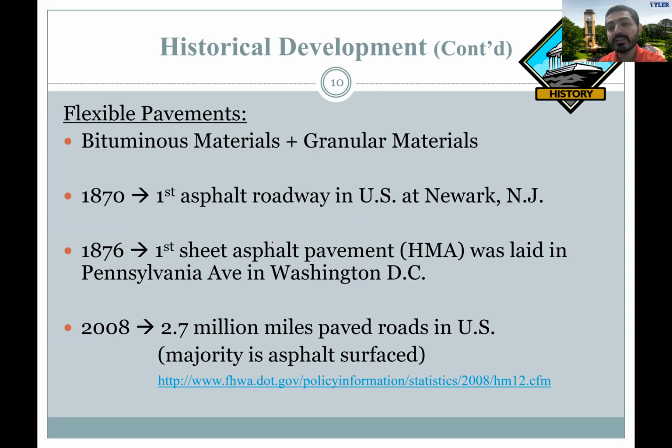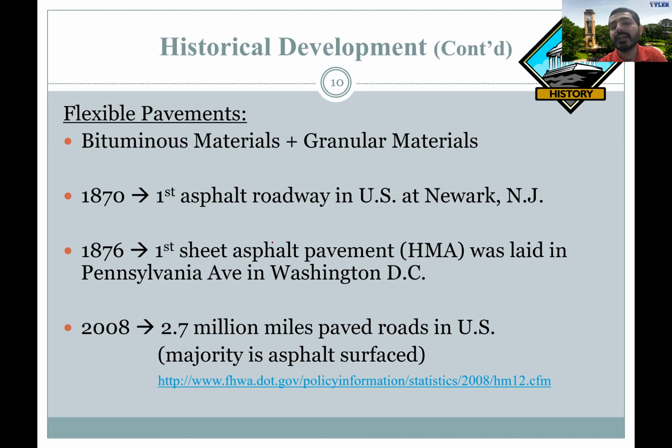The very first hot mix asphalt structure that was laid in the US was in 1870. That was in Newark, New Jersey. Then 6 years later, they started paving the first sheet asphalt pavement, or what we now call hot mix asphalt.